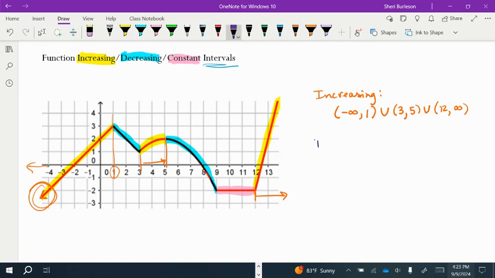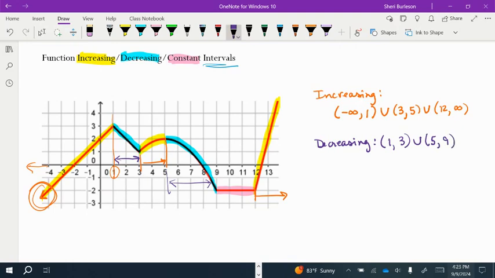I'm now going to do the intervals where my graph is decreasing. Well, we saw that it was decreasing from +1 to +3, and then it was decreasing again in this interval, so from 5 to 9.